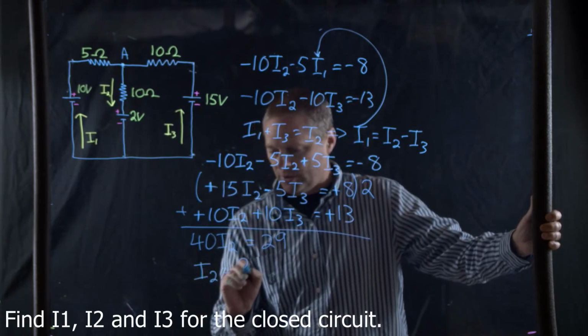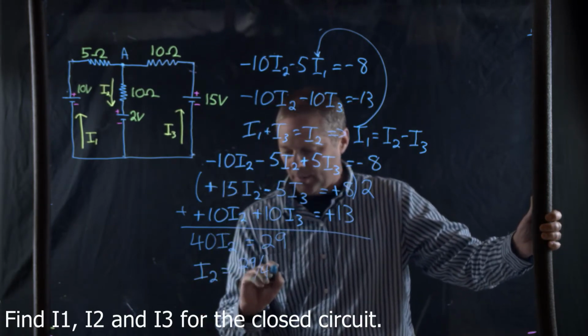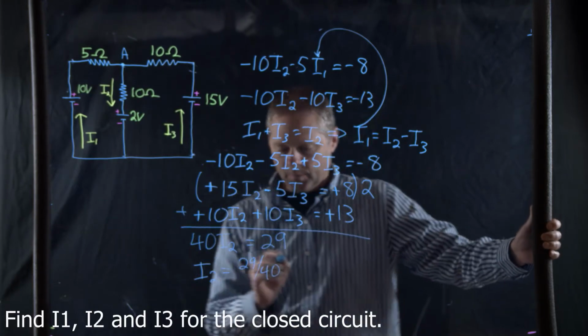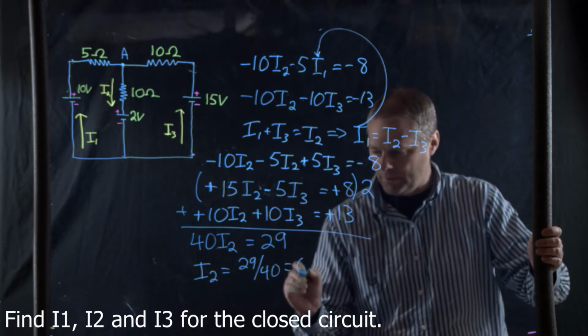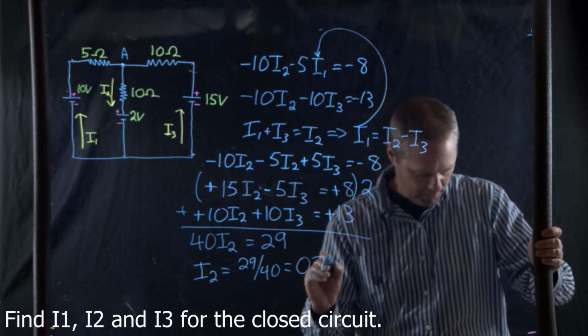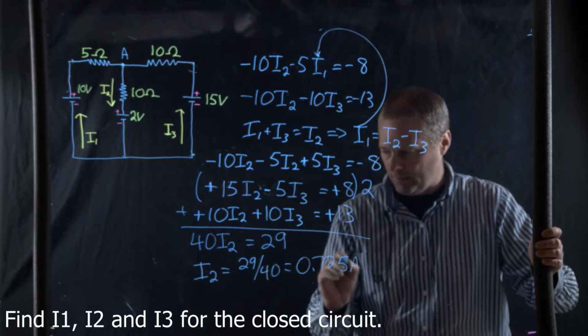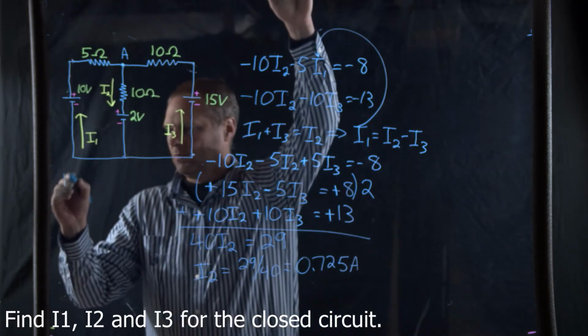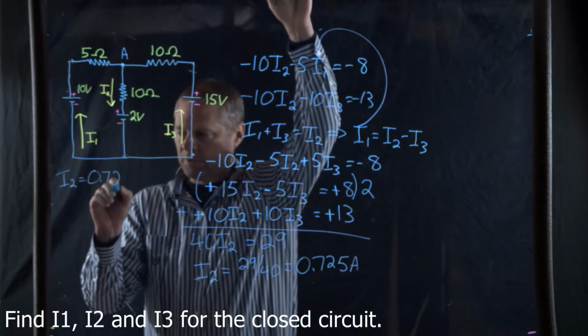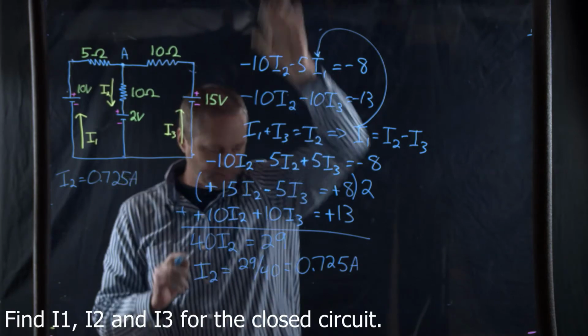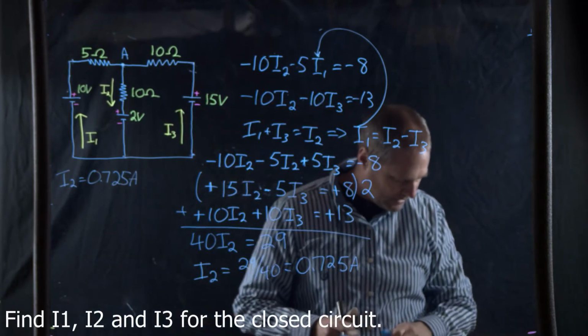So my I2 is equal to 29 divided by 40, which, let me check my cheat sheet, is 0.725 amperes.